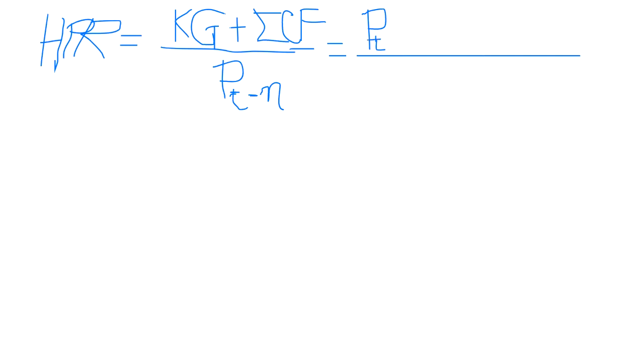Then the capital gains is between the price at time t and the price at time t minus n. N can be any number, like 5 years, 2 years. And then that's capital gains, and the sum of all the cash flows during the holding period.